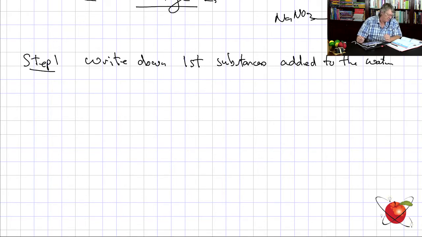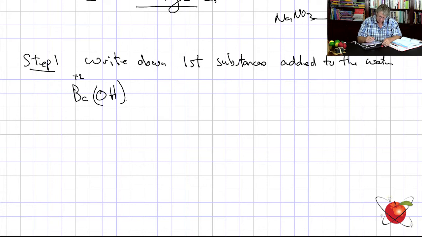Well, let's take a different one. Let's take barium hydroxide, BaOH. But now barium is in group 2, so it's got a valency of plus 2. OH is minus 1, so we need 2 of these to get to a minus 2, correct?